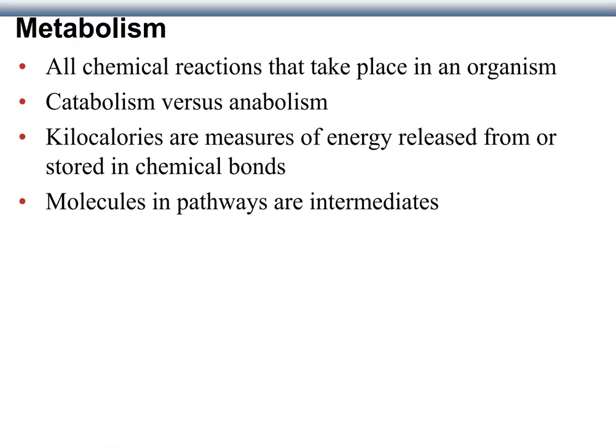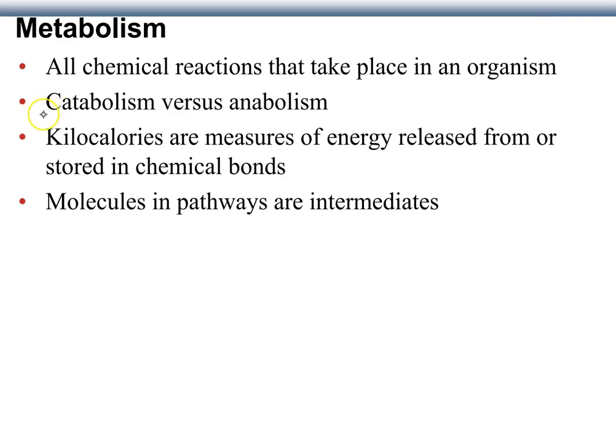Metabolism is the sum total of all the chemical reactions that are taking place in an organism. That's a big word, and really metabolism is sort of all-inclusive, all the reactions that are taking place. We can break down metabolism into those reactions that release energy versus those that require energy input.